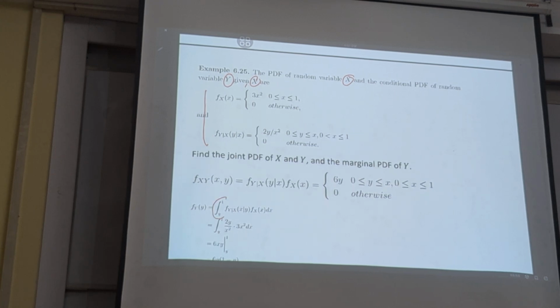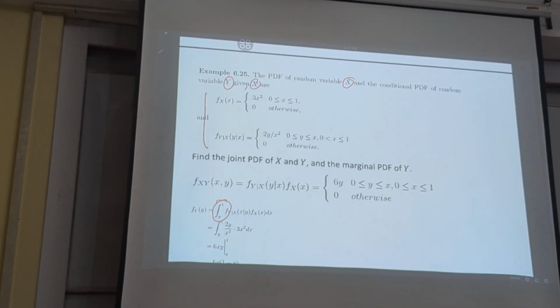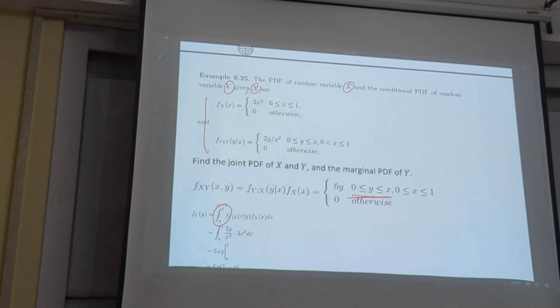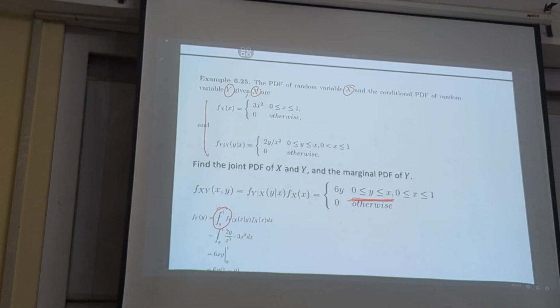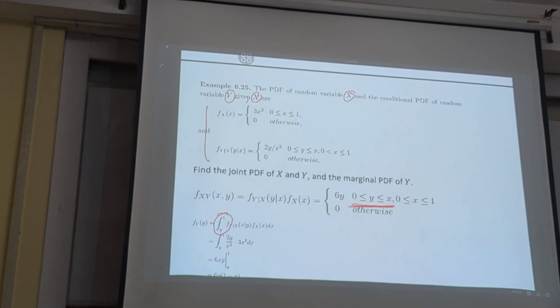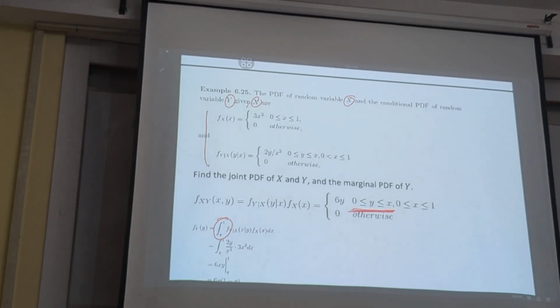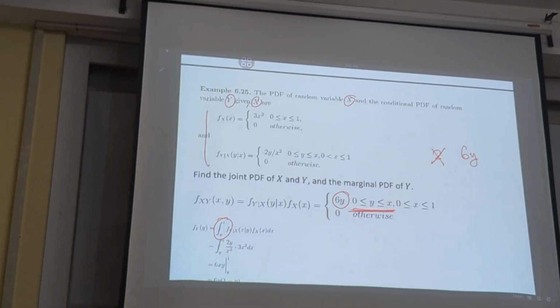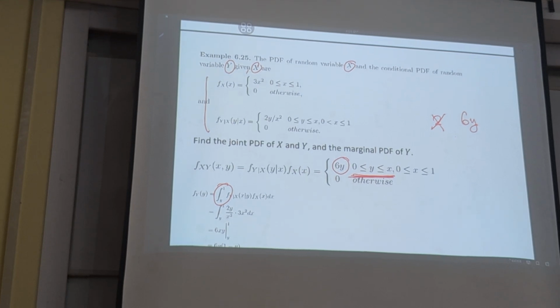Why is the limit y to 1? Can anyone explain? Since 0 < x < y, the only thing that scales is that now this 2 has been replaced by this.